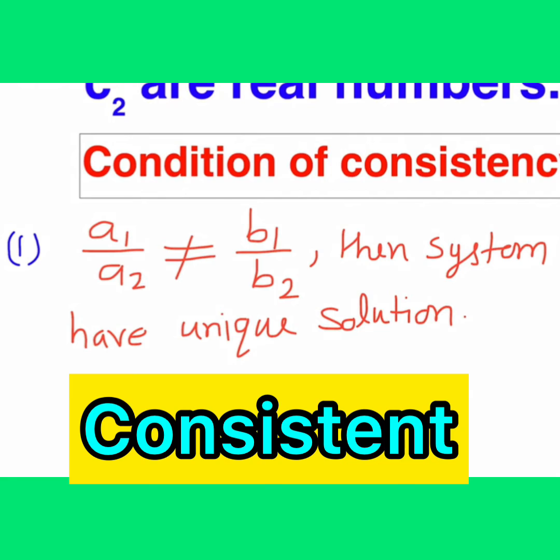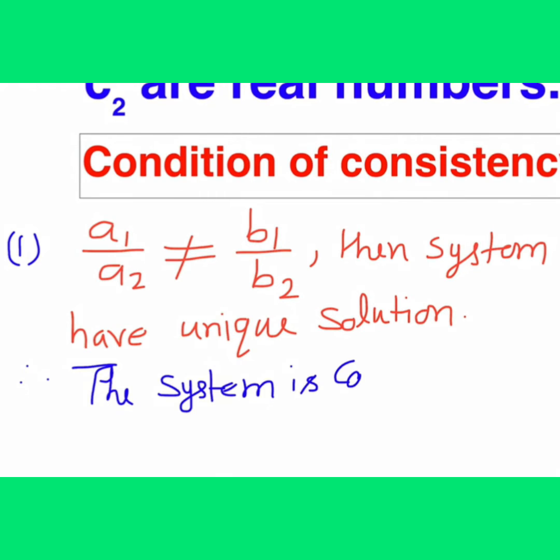And unique solution means, dear, the system is consistent. So it is clear, if the system has a solution, then the system is consistent. This is the first condition.